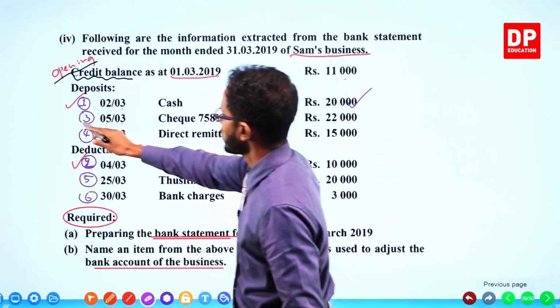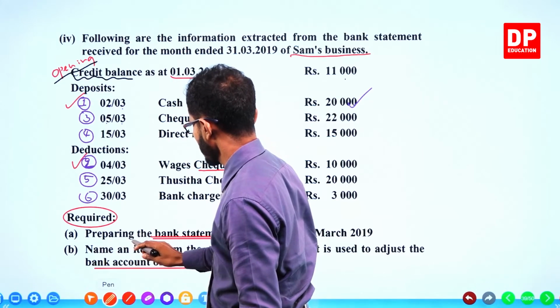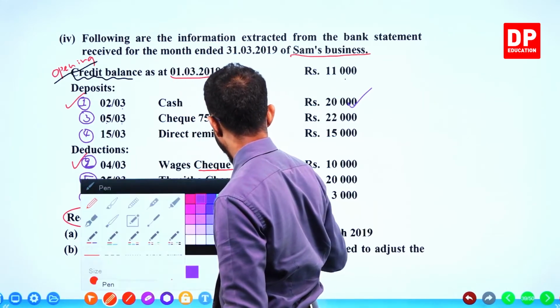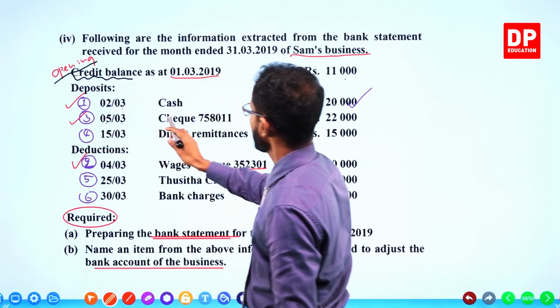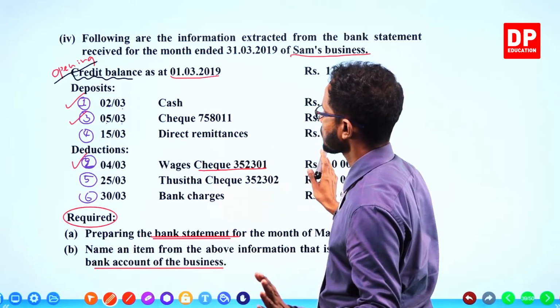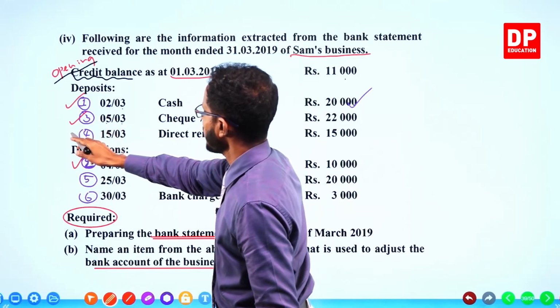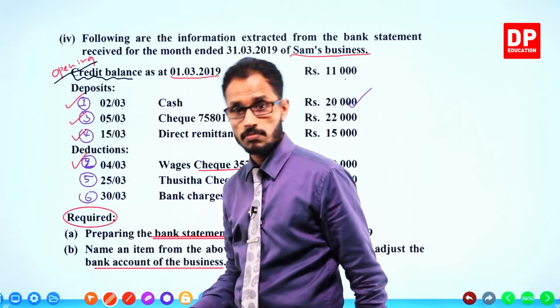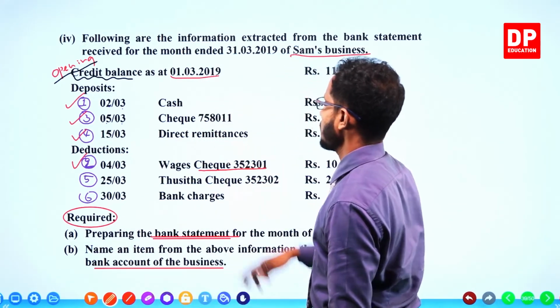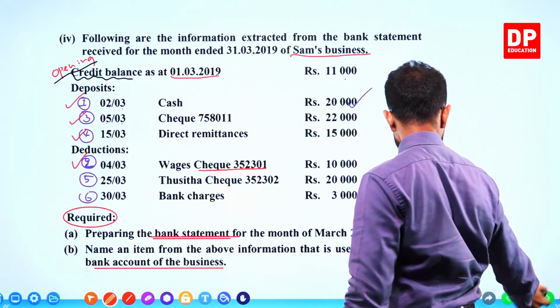Yeah, we are done with this. 22,000 done. 4th entry here. 15th, direct remittance, 15,000.